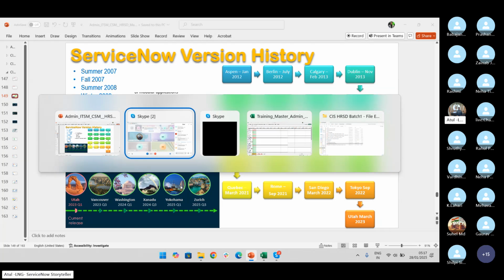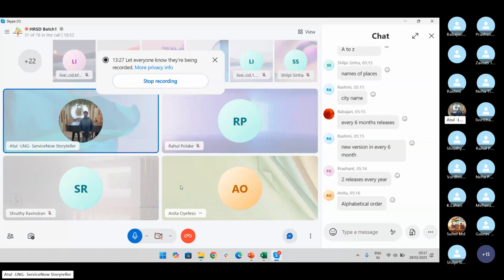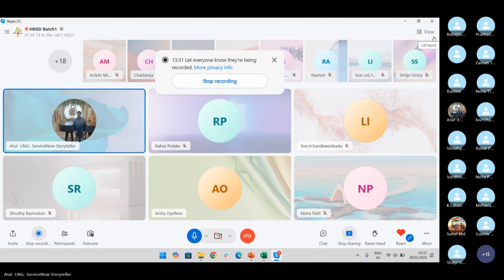And believe me, if I'm the interviewer, I will ask these questions: What release are you working on? Which was the previous release? What is the upcoming release? And what features of the latest release do you know at this point in time?